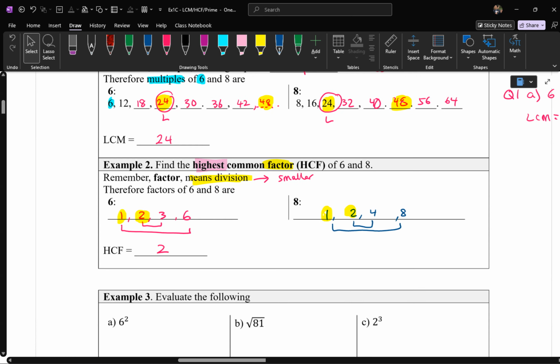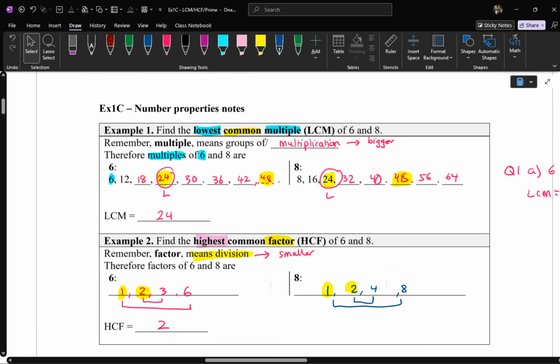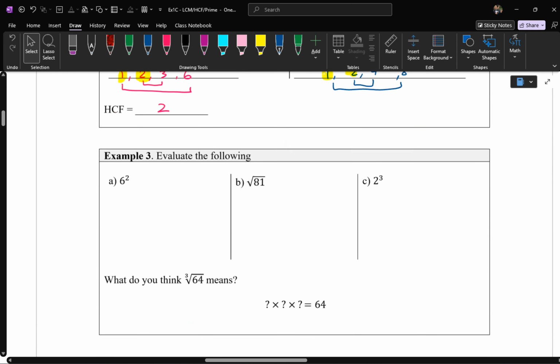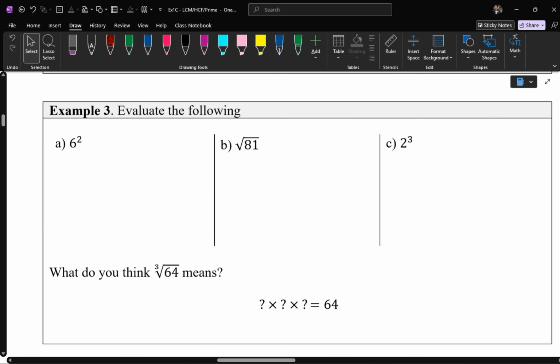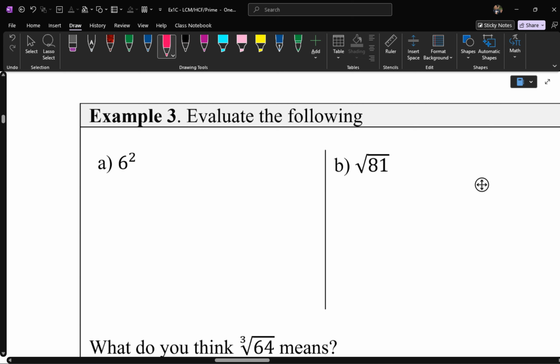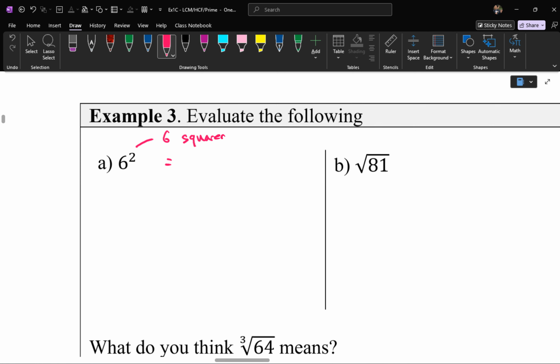Okay, now that you know your lowest common multiple, you know your highest common factor, there are other things that will also help you, especially for exercise 1D: you need to know squares and cubes. Now over here, I've got 6 squared. A lot of students think 6 squared is 6 times 2.